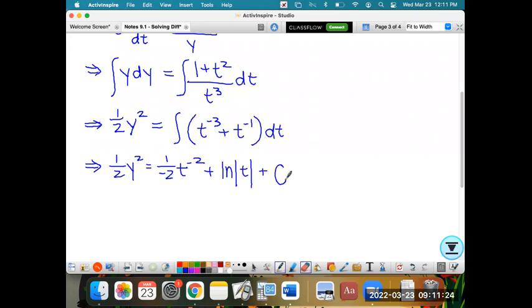Okay, so now we are going to go ahead and solve for y. Multiply both sides by 2. And that 2 is going to get distributed to every single term on the right side. Remember what we talked about in the last problem though, that 2c, that is still just some arbitrary constant.